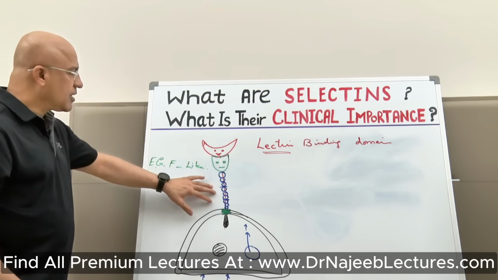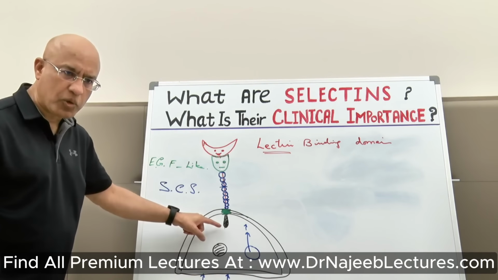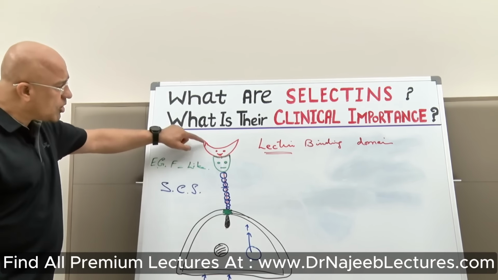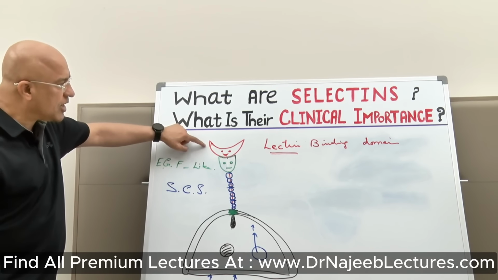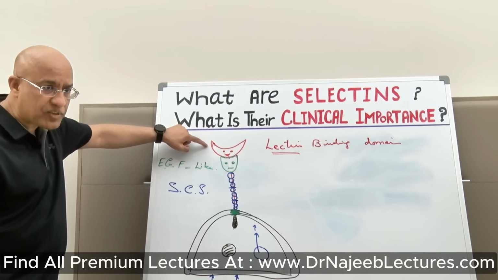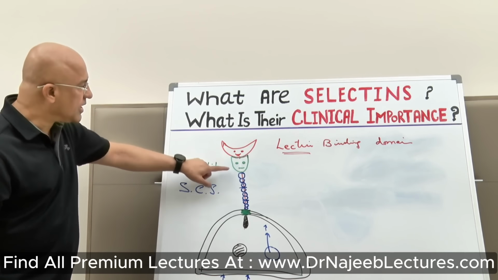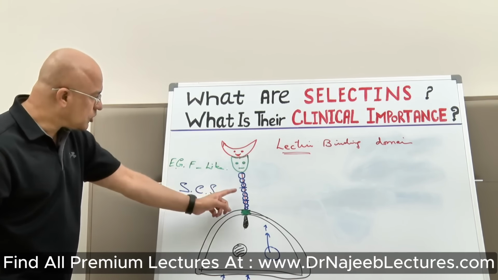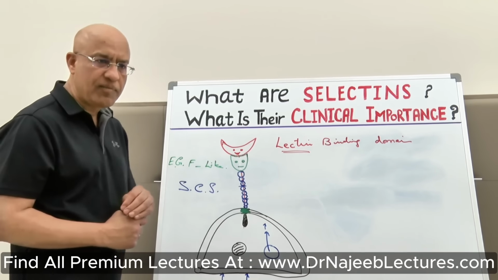Basic structure: that is a one pass transmembrane glycoprotein molecule, and its extracellular component, if you study the outermost part, is the lectin binding domain, which will bind with its receptor and make the other cell adherent to this cell. Then we have epidermal growth factor like receptors, then short consensus sequence, and then there is the cytoplasmic tail, right?